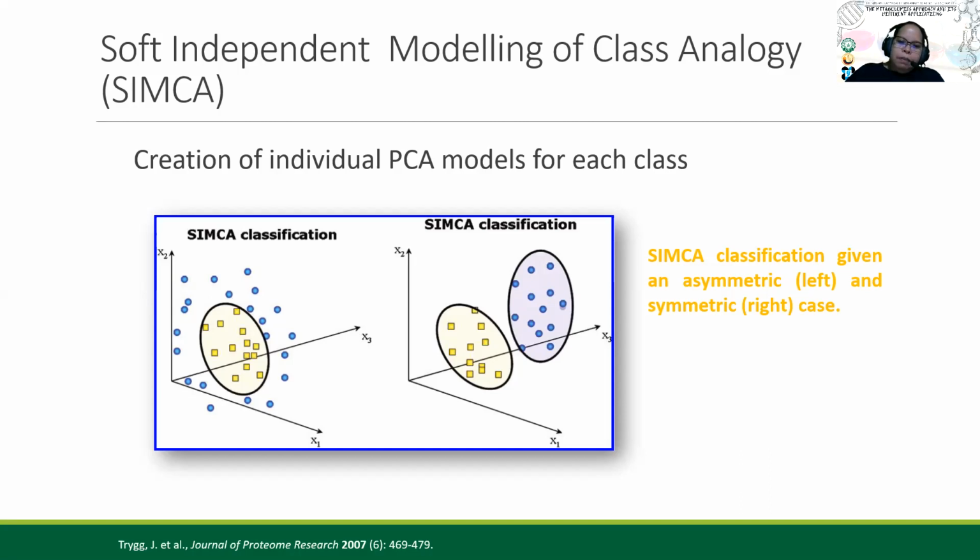So it can be asymmetric, such as this, wherein a particular group of samples is isolated from the rest based on its heterogeneity, yung PCA class niya. On the other hand, you can also have your two different classes for if you have symmetric cases such as this.